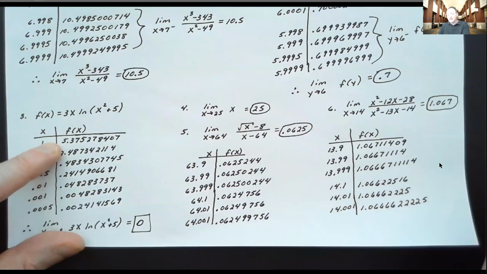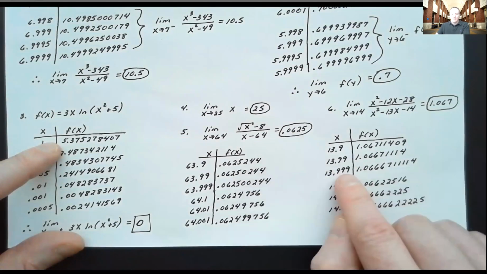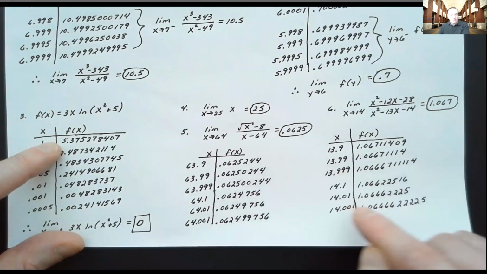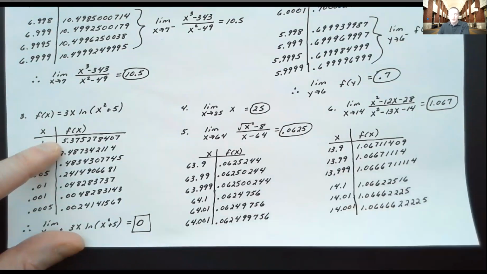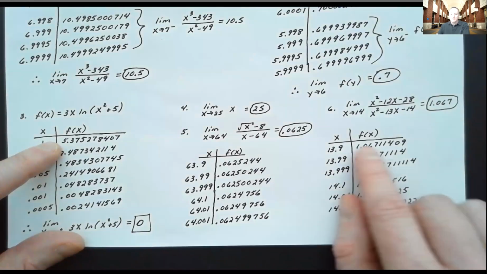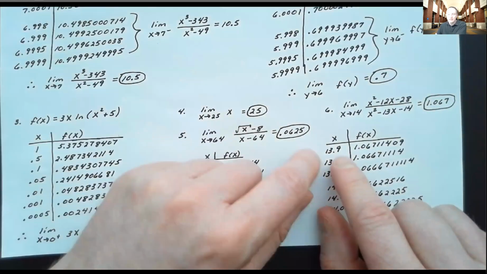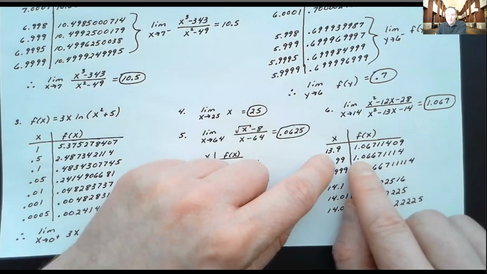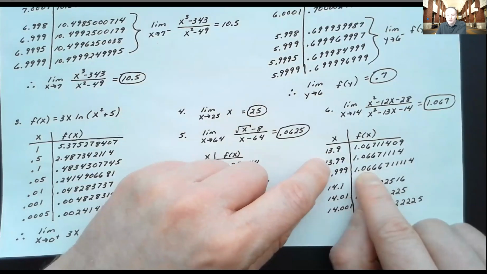Now, if you want to save some time, and you know that the values really get better and better as you get close, you might just want to do the 100th of a unit and the 1,000th of a unit. Usually you can go ahead and see a pattern just from those two terms. So even if I didn't do that 13.9 here and I just did these two, could I establish a pattern? What's happening from this term to this term?